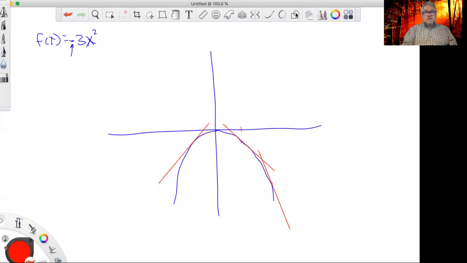Because the derivative was, you'd show the derivative like this. This was the derivative. We plugged in x equals 1 right here, and we get the slope of this tangent line, which was negative 6. Okay? That's all there is to it.